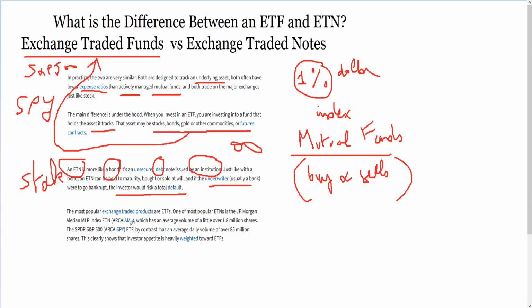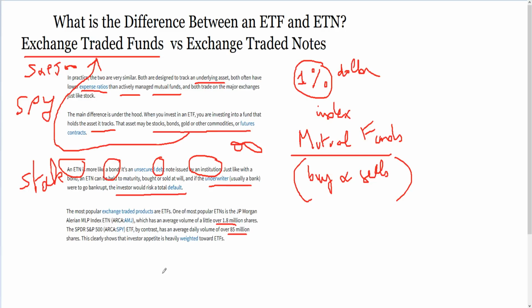I will show you the chart. It has an average volume of a little more than 1,800,000 shares traded a day. But the SPDR S&P 500, which is an ETF, has around 85 million shares a day. So people like ETFs better than ETNs.